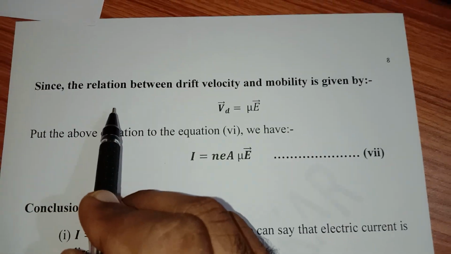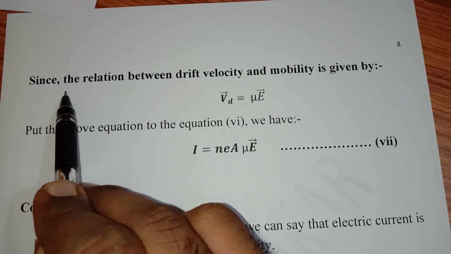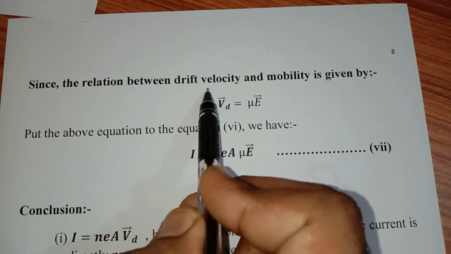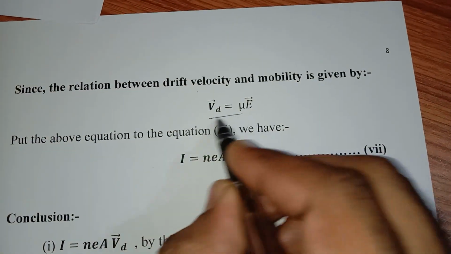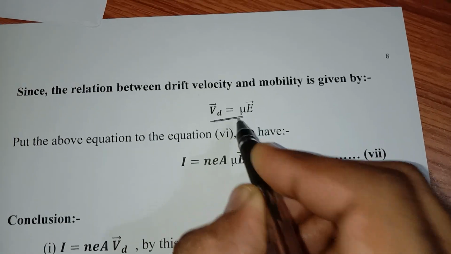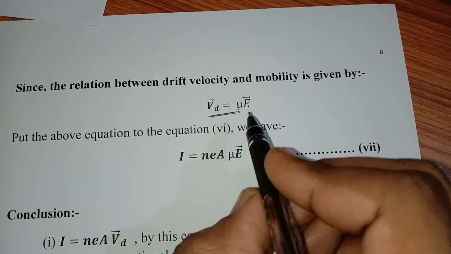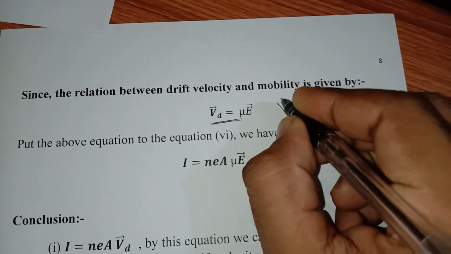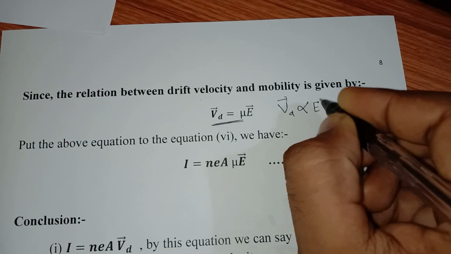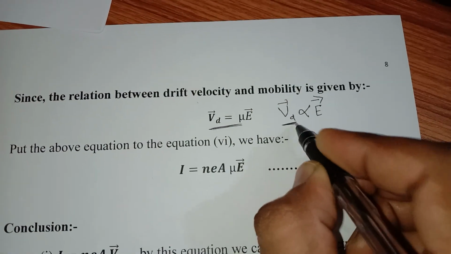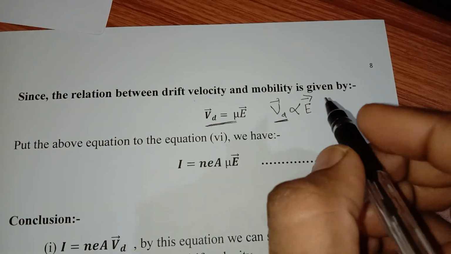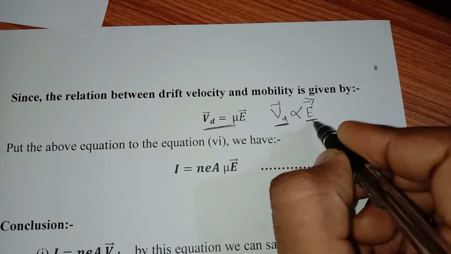The relation between the drift velocity and mobility is given by Vd equals mu E. We are all familiar that the drift velocity is directly proportional to the electric field. The drifting of the electrons towards the positive potential depends on the strength of the electric field.